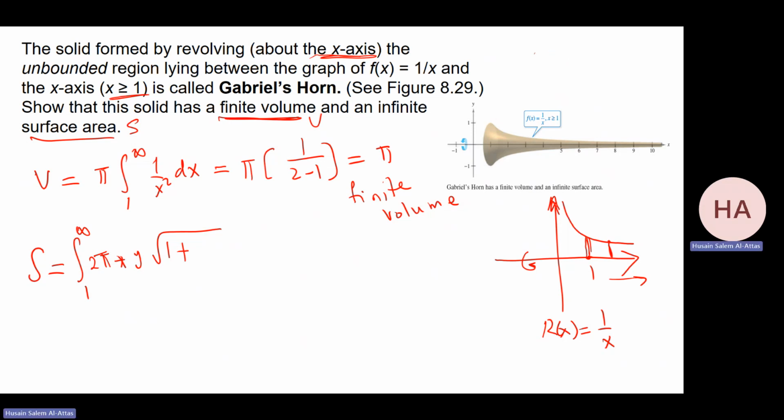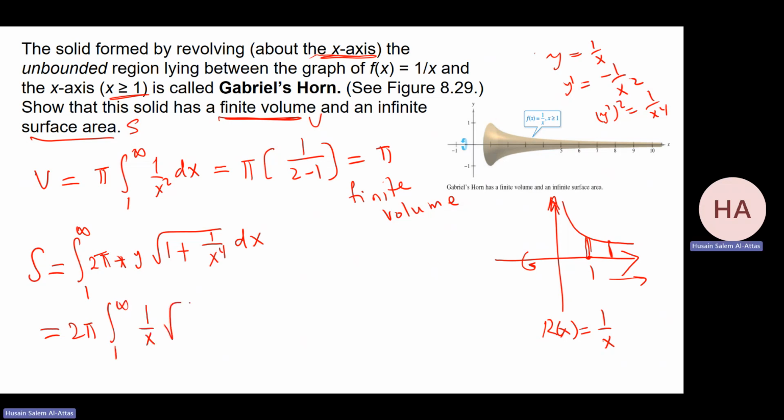Let me call it y equal 1 over x. What will be y prime? Minus 1 over x squared. I need y prime squared, which is 1 over x to the power 4. So that will be the integral of 2 pi, let me take 2 pi outside, from 1 to infinity, 1 over x times square root of 1 plus 1 over x to the power 4 dx.